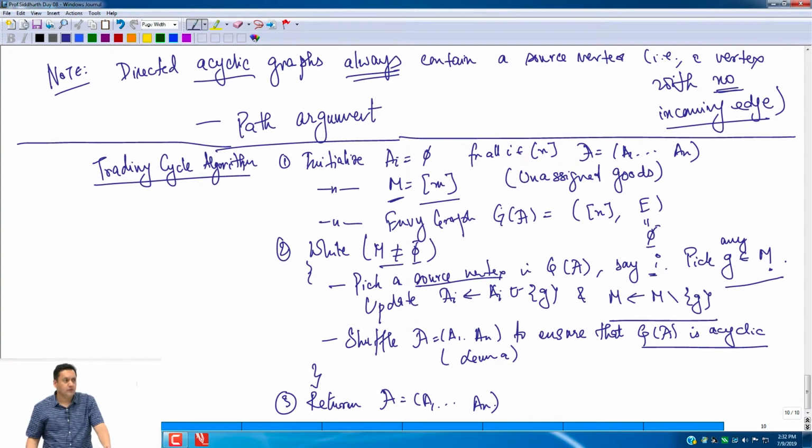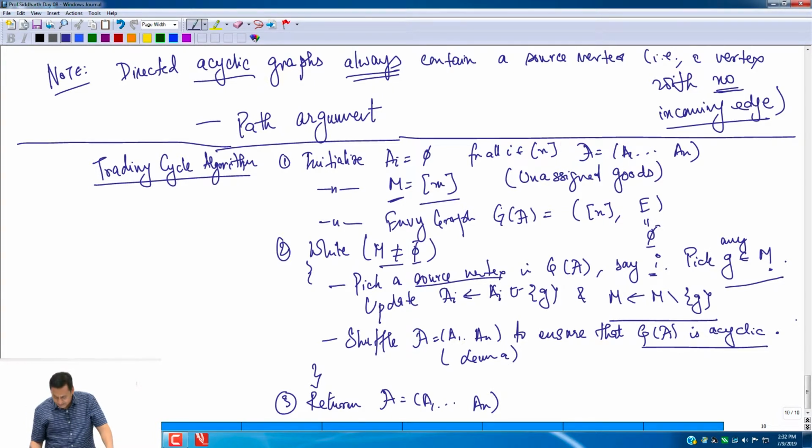Every time, you remove a good from M. So this while loop will execute at most m times. In every loop, you are going to invoke this lemma, which is again a polytime thing. Cycle resolution is an efficient subroutine. There you go. Right off the bat, it's a very efficient algorithm.